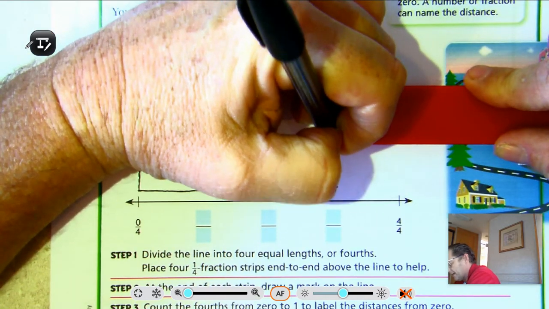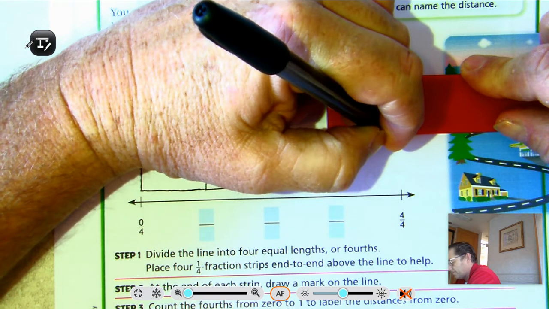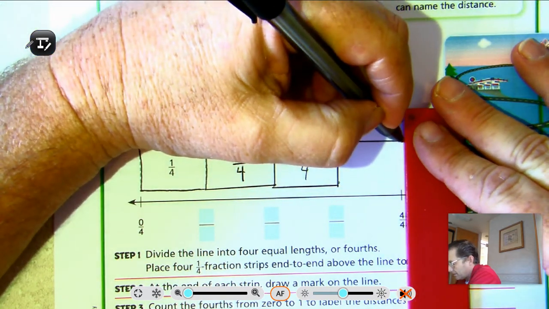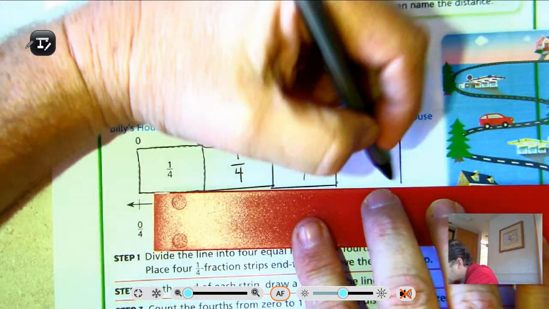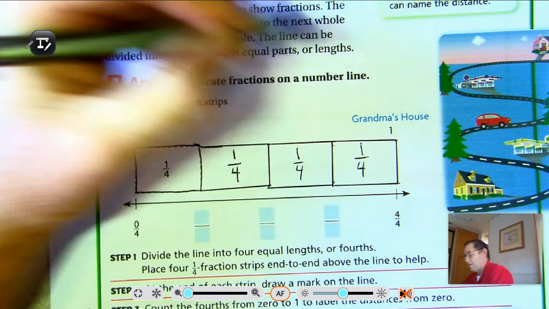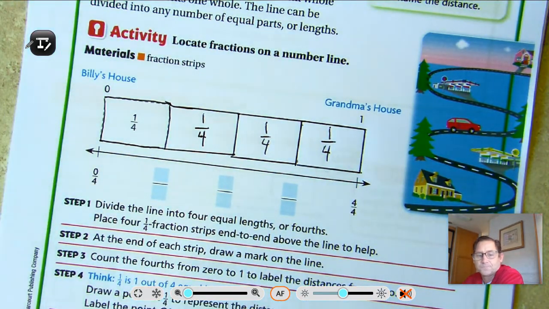So 4 equal lengths in this whole. And I know that because the denominator is 4. So they're telling me that there are 4 equal parts in this strip. Okay. All right, so we've made 4 equal parts.